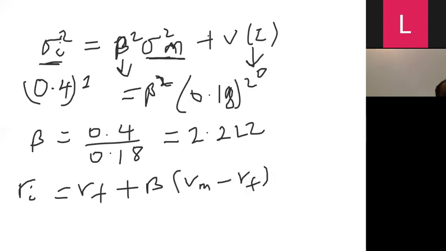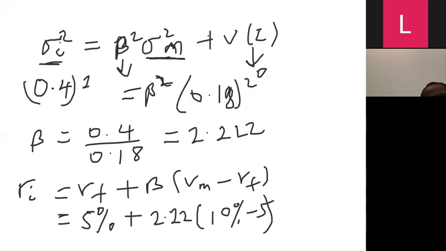We know RF is 5%, plus beta, which is now 2.22, into brackets RM, which is 10%, minus 5%.